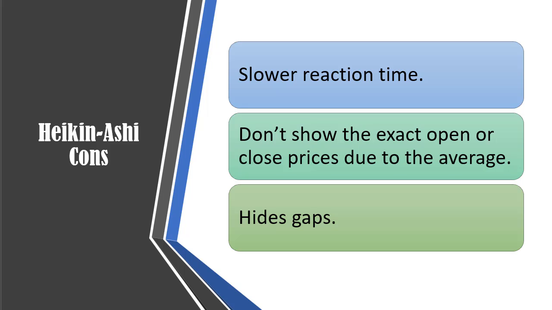I'll talk about here in just a second how a lot of people will use Heikin Ashi more as an indicator than a chart to trade. Okay, and they have much slower reaction time. Because they are an average of 2 periods, it slows that price action down considerably. Okay.